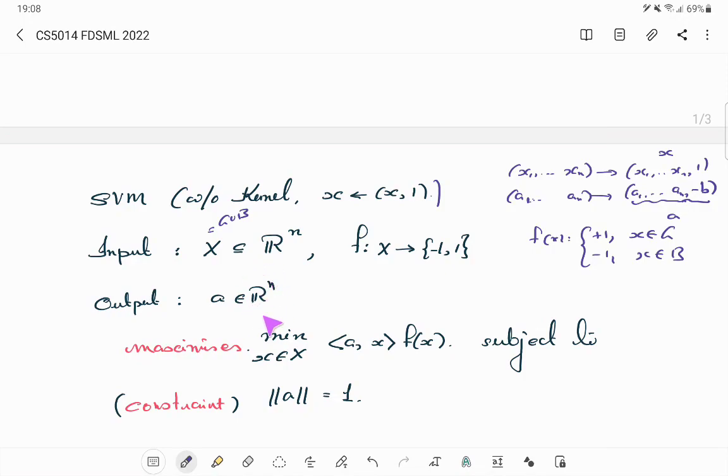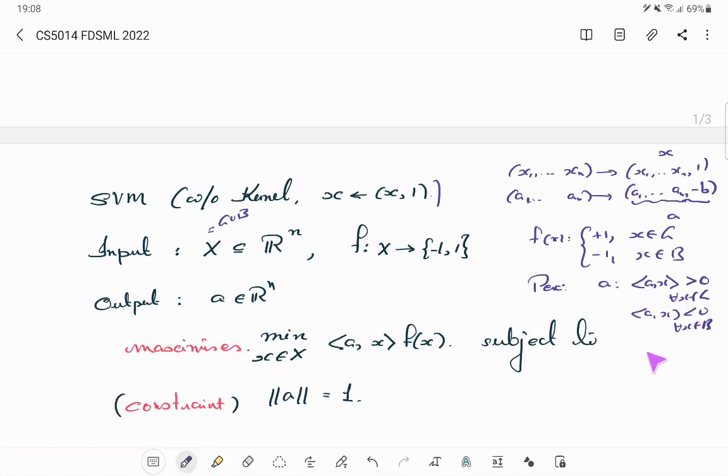For the perceptron, all you need is to find an A such that the inner product of A with x is greater than 0 for all the good points and A with x is less than 0 for all the bad points.